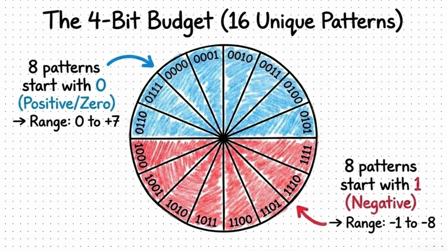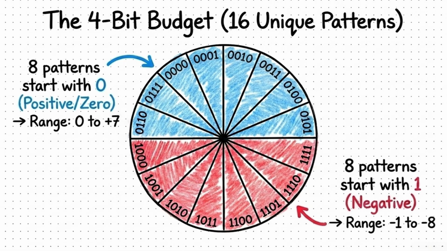You can think of the range of the computer's memory as a bit budget. The number of bits you use determines exactly how many unique patterns you can create. The formula is simple: 2 raised to power n, where n is the number of bits. So in a 4-bit system, we have 2 raised to 4, which is equal to 16 unique combinations.